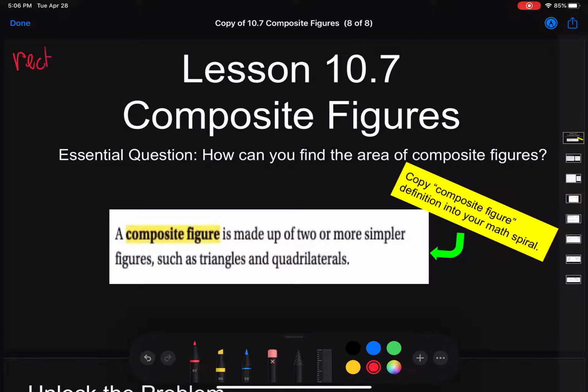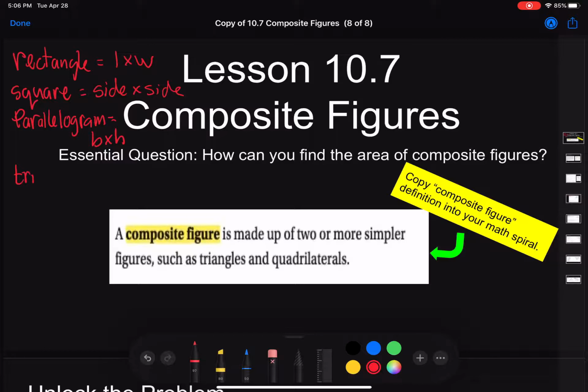a rectangle. The formula is length times width. And then a square is side times side. And then a parallelogram is base times height.